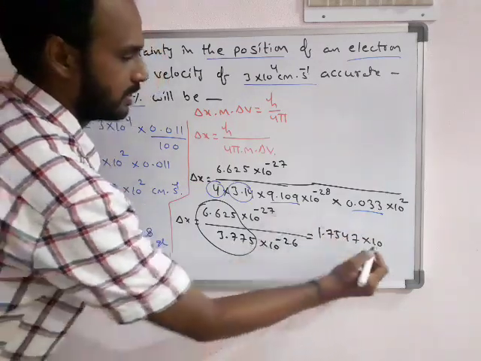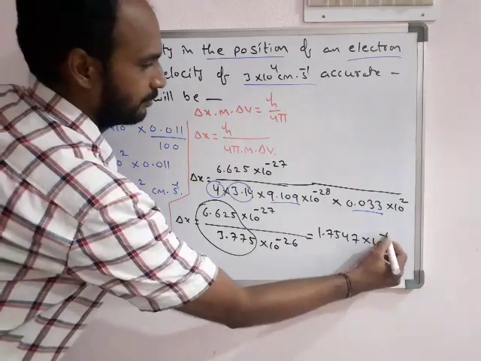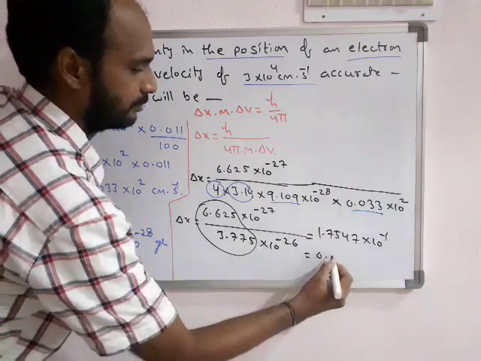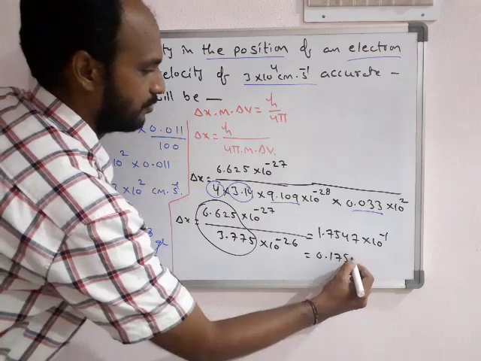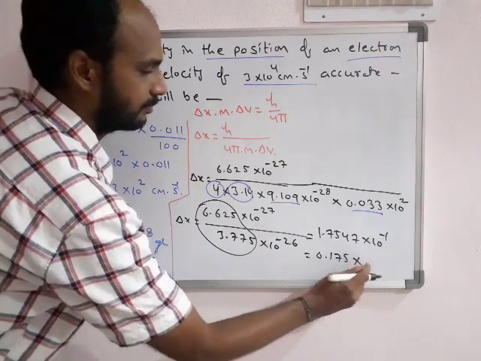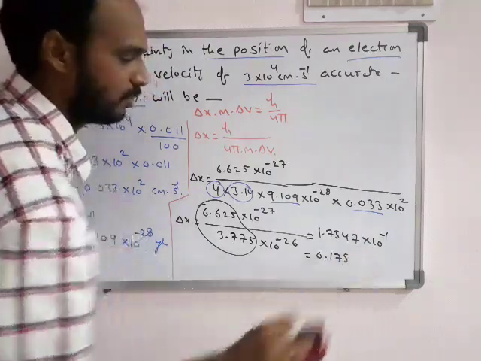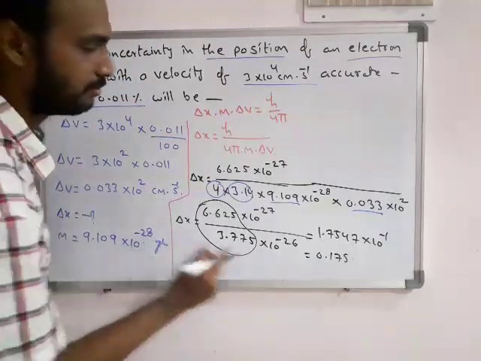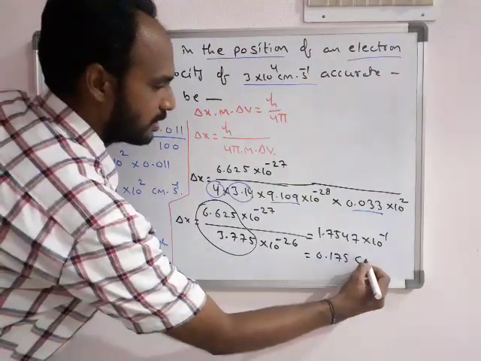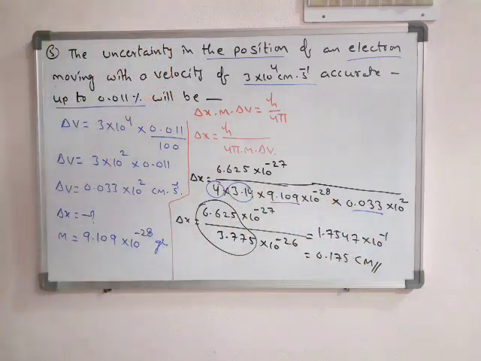So this plus 26 means 175. So what are the units? Delta x position, we follow the total CGS method, that is centimeters. Okay, so this is the uncertainty in the position. Okay, write down.